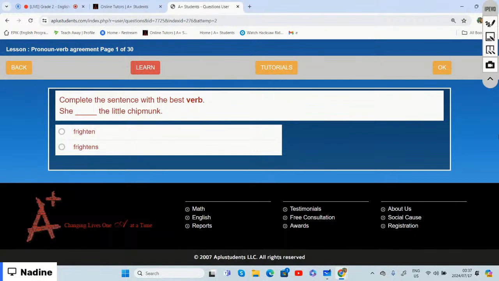So you need to say which one is correct. All right, then if we were to choose the correct word, or the base verb, I'm gonna choose what you guys chose.